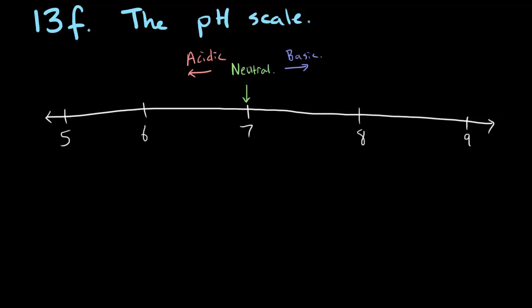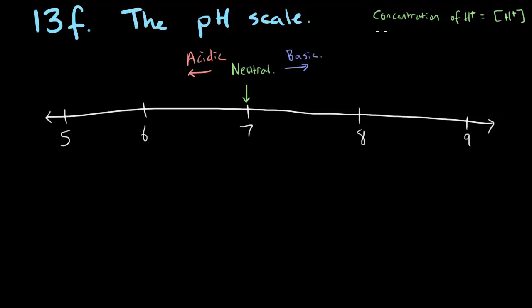The two things which we're going to be looking at, we're going to be looking at the concentration of H+ in these solutions, and rather than writing concentration of H+ each time, I'm going to use the shorthand for concentration, which is a set of square brackets.